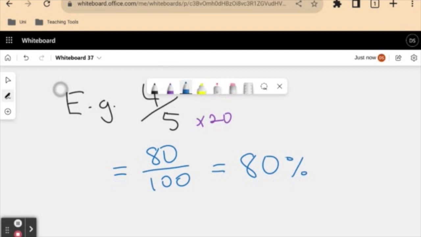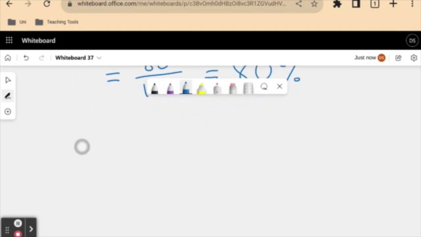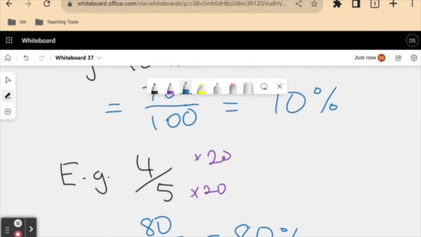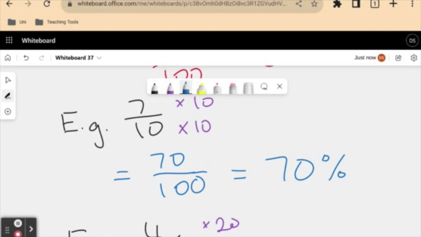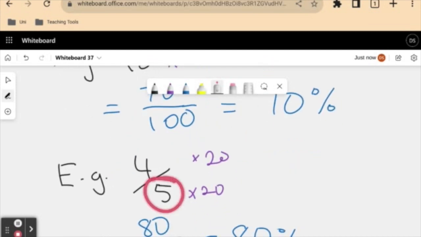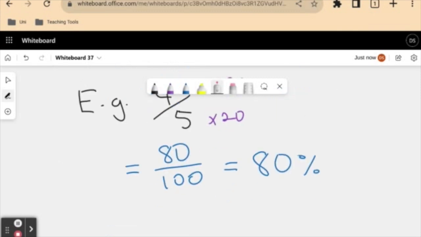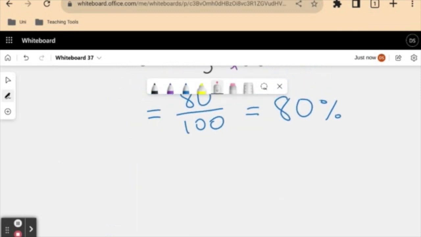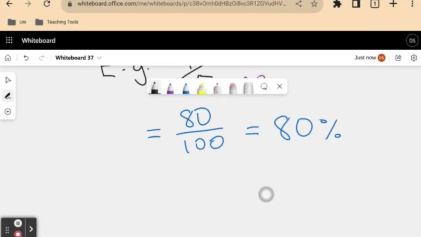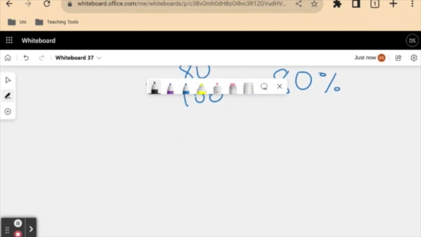Now let's look at one more example because we realized it wasn't too tricky to get this one to 100 or this one to 100 because these numbers are nice factors of 100. What if we have a denominator that isn't a factor of 100, which may pose some problems for us?